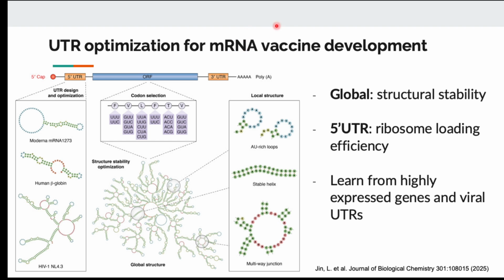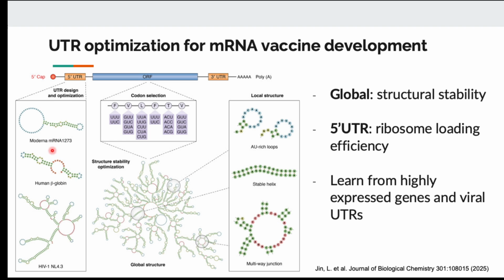So during the process of messenger RNA vaccine development, people actually have to optimize the 5' UTR and the 3' UTR for the cargo. The cargo can be a target gene that you want to express inside humans. But you need to decide what would be the 5' and 3' UTR to deliver your gene. So some people take knowledge from the human body. We know that some genes like hemoglobin are highly expressed in the blood cell.